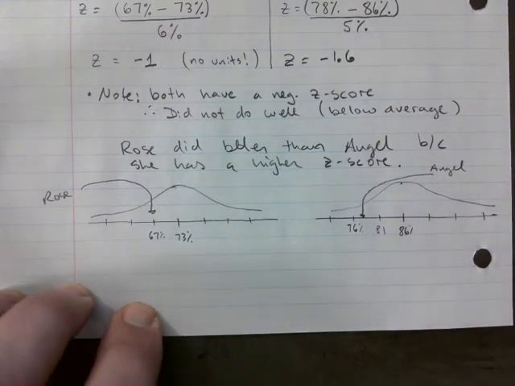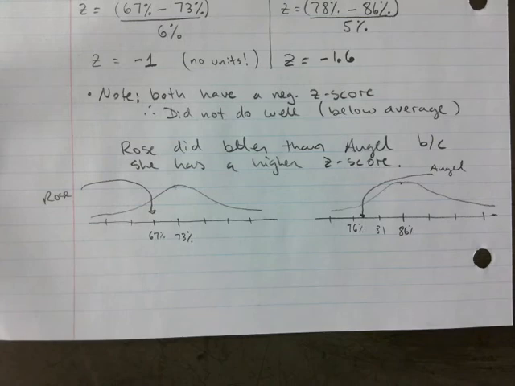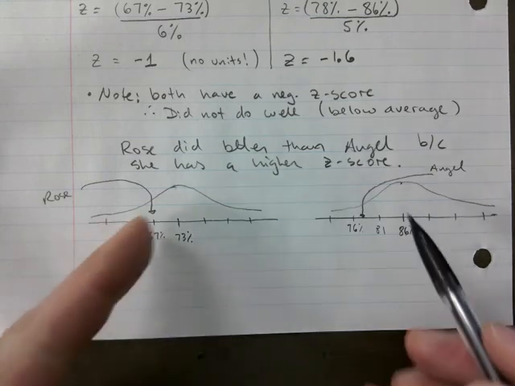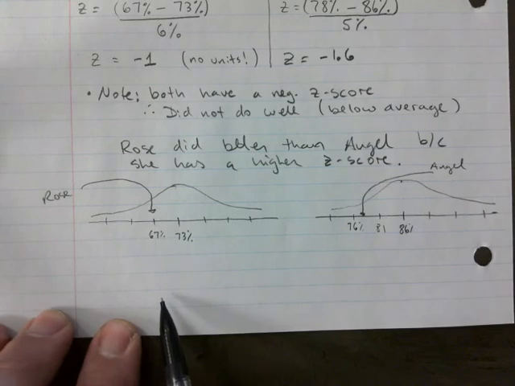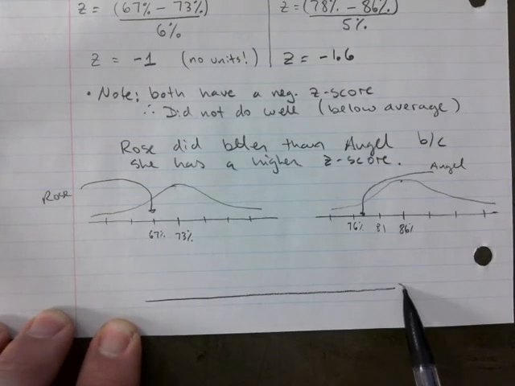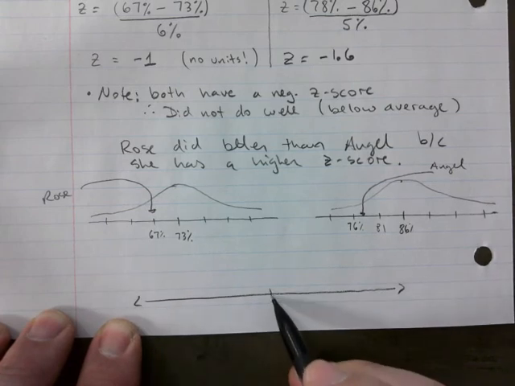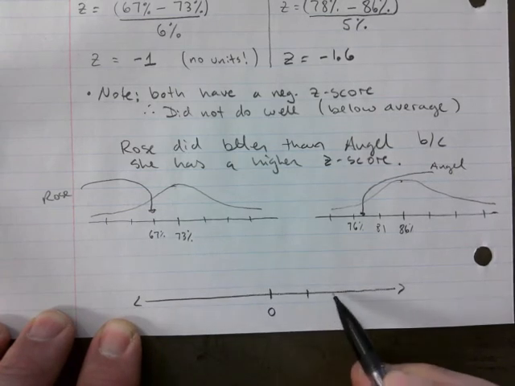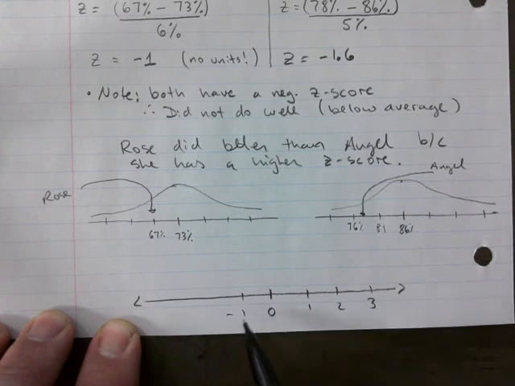So what we're doing when we're finding the z-scores is putting them both in a standardized curve, which is 1, 2, 3, -1, -2, -3.